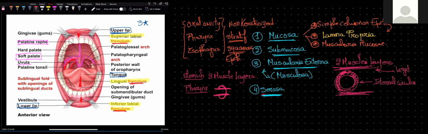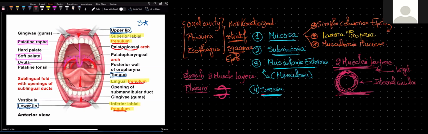So what do we call the one in front that appears as an attachment between the palate and the tongue? This is palato, and something related to the tongue is glossal or lingual. So we call this arch my palatoglossal arch.